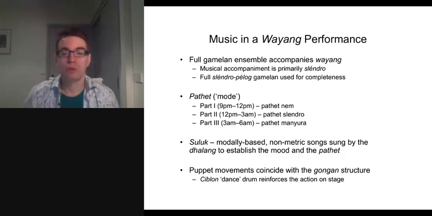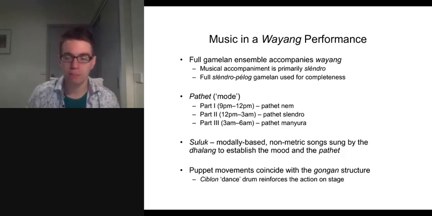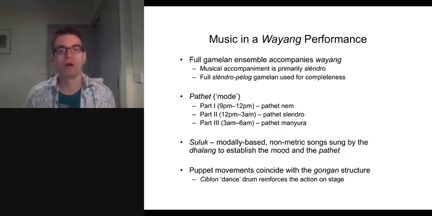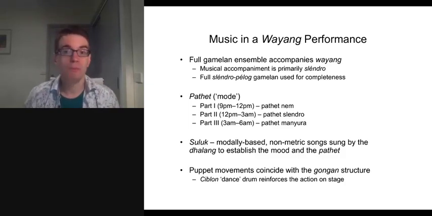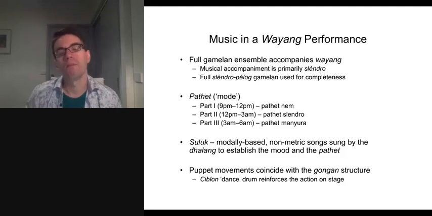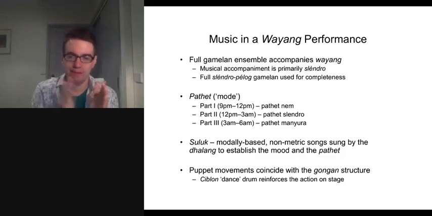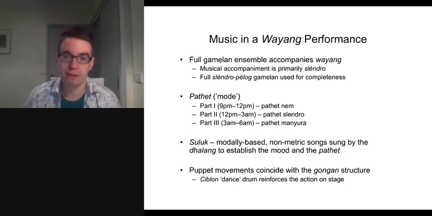Because it's slendro, there are different modes or patets that are aligned with each of the 3 parts of the performance. So in the previous slide, patet referred to an episode or the part of a puppet performance, but patet also means musical mode. So modes are the various sequences of pitches that belong to the slendro tuning system.